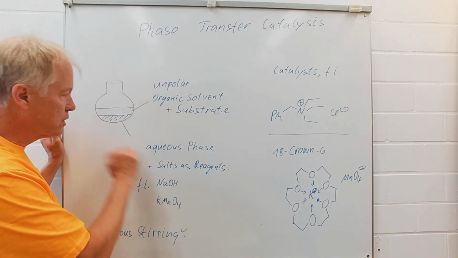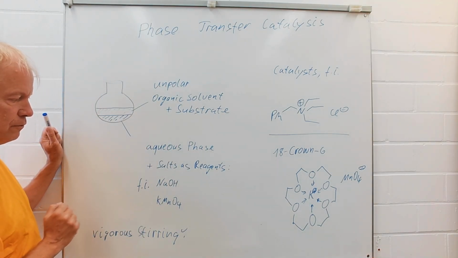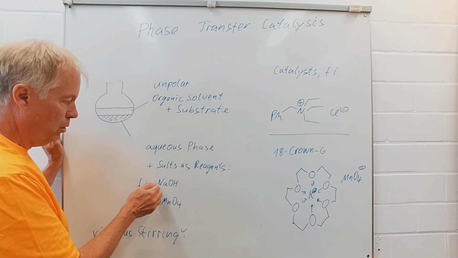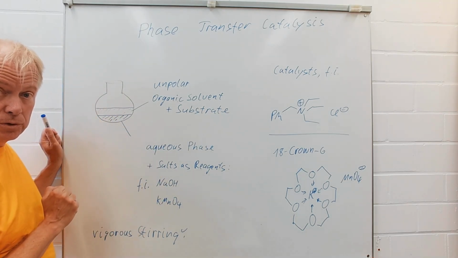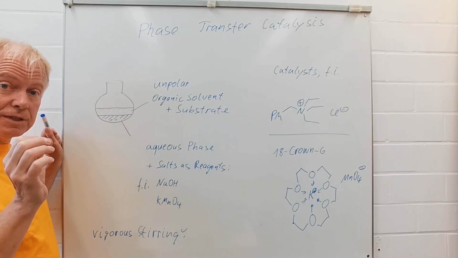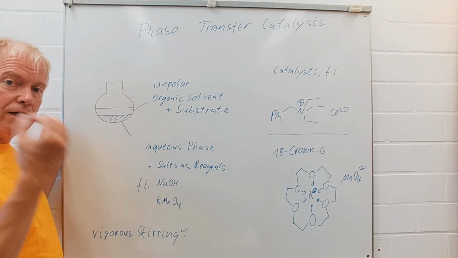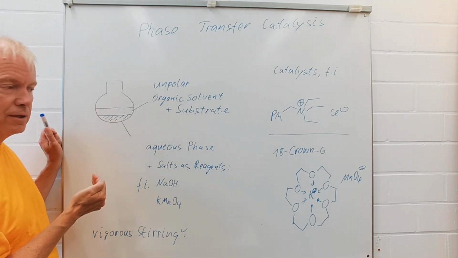Then we would skip the water. We would just put in potassium permanganate or potassium hydroxide as a powder, and also in this case we have two phases. We have a solid phase and a liquid organic phase.